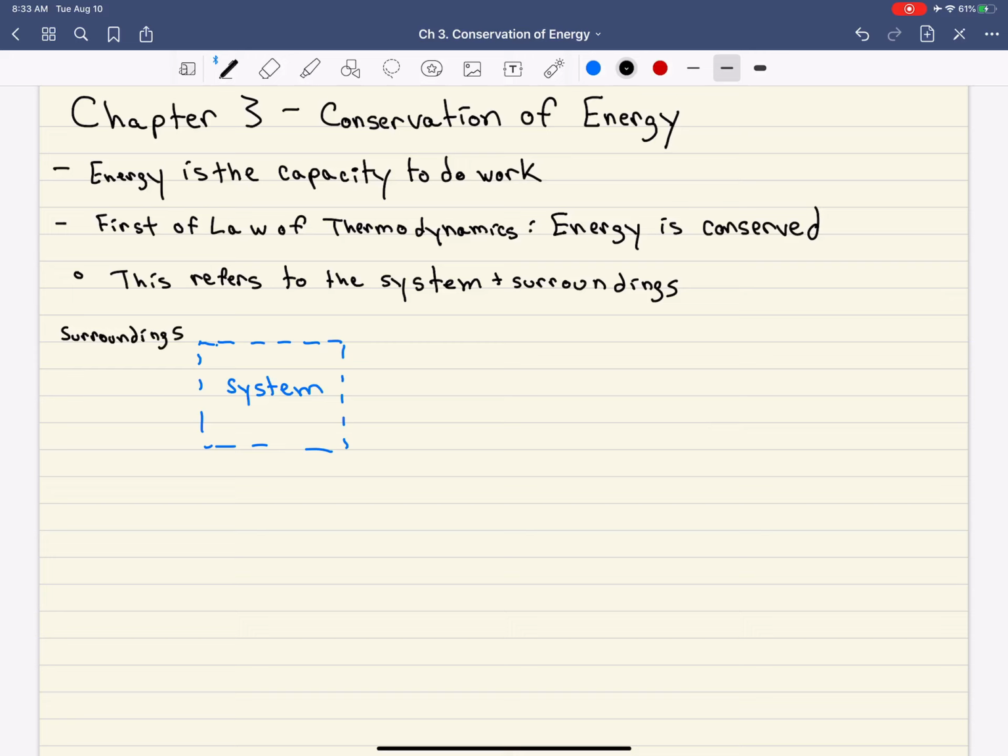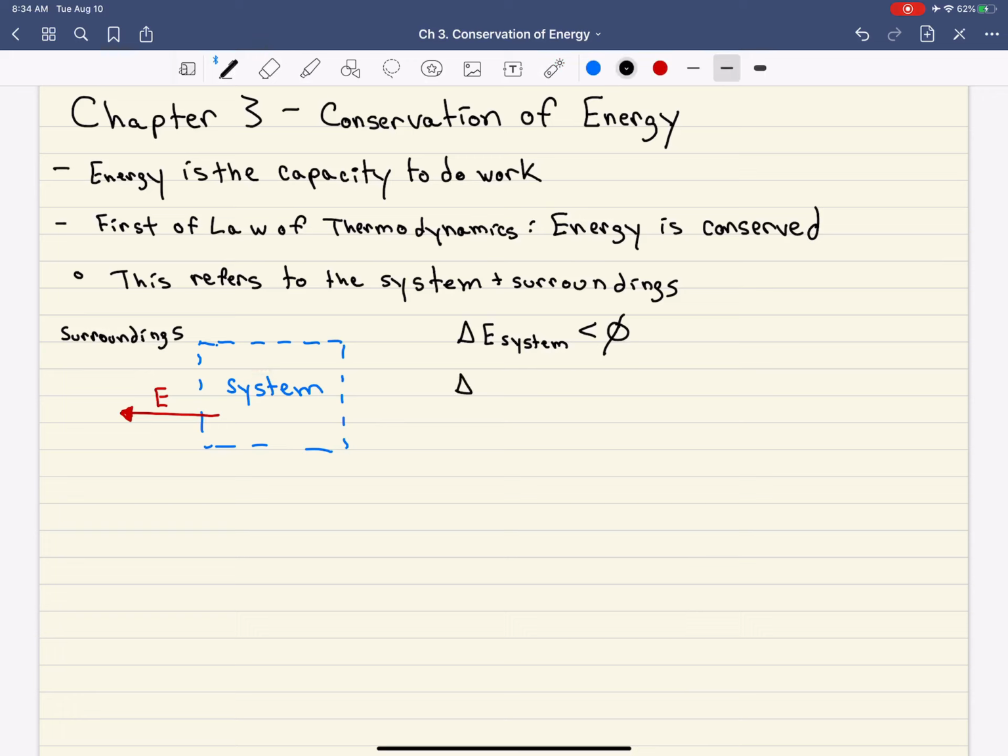And let's say in this scenario that we have energy that leaves the system and goes into the surroundings. Based on at least this scenario, we could say that the change in energy of the system is going to be negative, because energy is leaving the system and going to the surroundings.